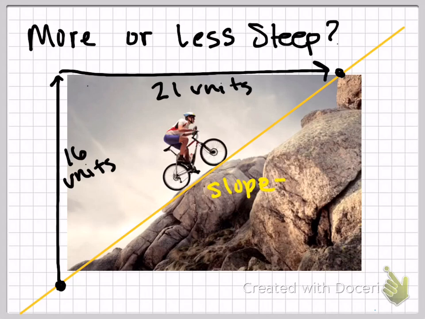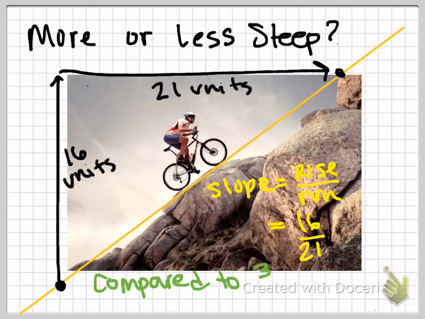So again, slope is rise over run, and the rise is the 16 units up that we went, and the run is the 21 units over. We can't simplify this any further because they don't share a common factor. So we're going to compare it to the 3/8 of the mountain. Now, I know that you guys love comparing fractions, but we really don't have to overthink this too much.